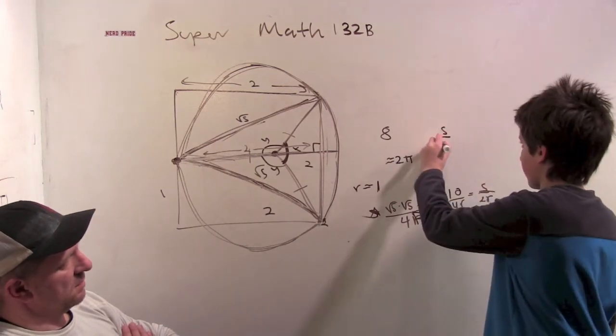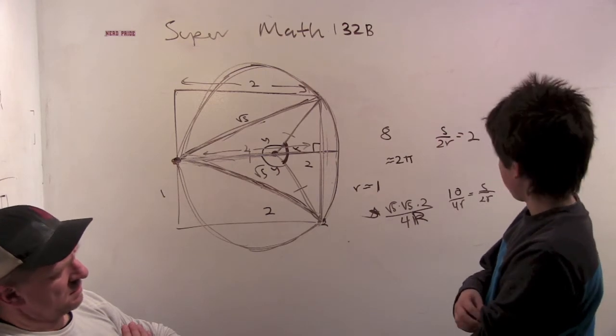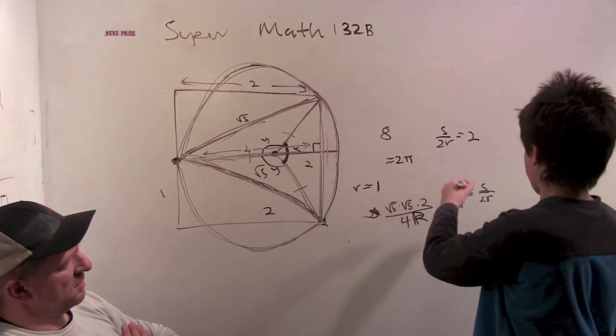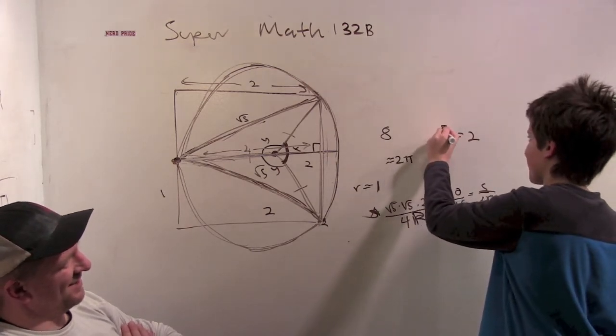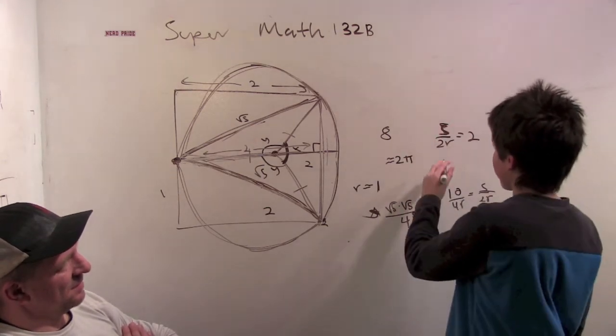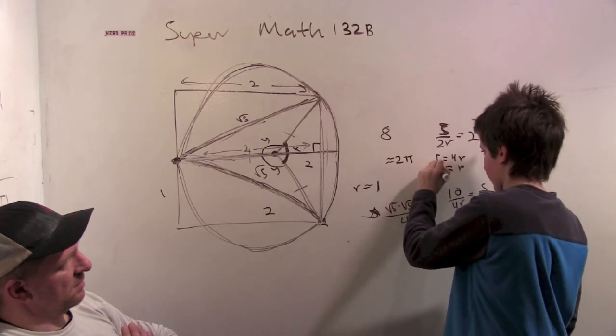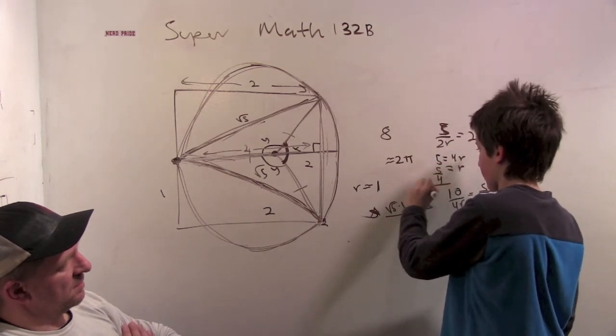So 5 over 2R is 2. Okay. So 5 is 4R. R is 5/4.